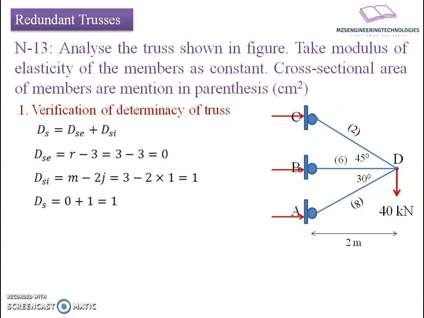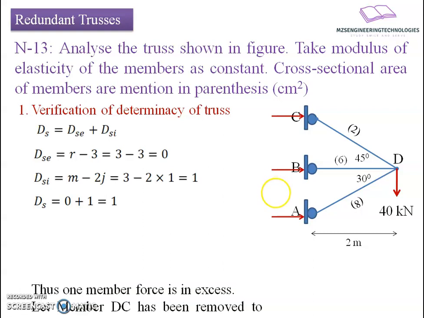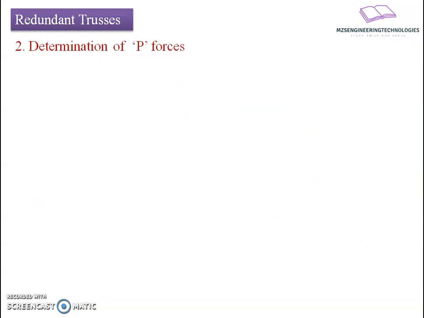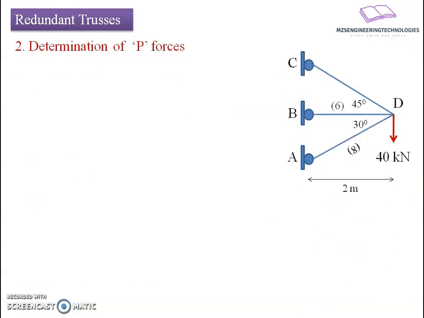To make it statically admissible, we have to remove one member from the given frame. Let us consider we have removed member CD. After making it statically admissible, we'll apply a redundant force at joints C and D in such a manner that it represents the member force as it was when that member existed, in the same line of direction.